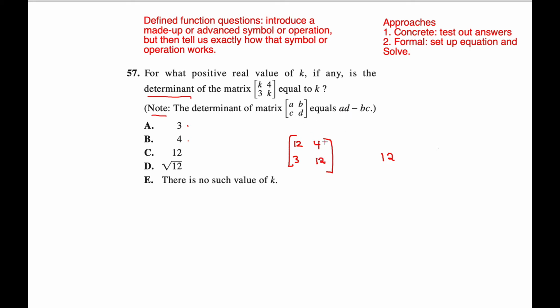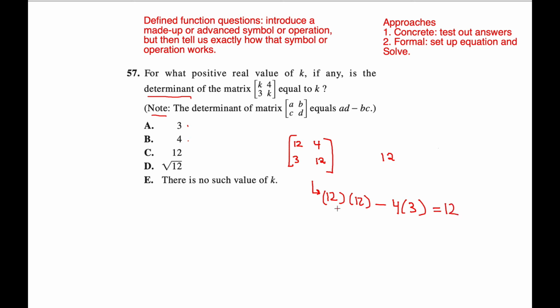So a times d in this particular case is going to be 12 times 12, and then we're going to subtract the element b, which is the number in the top right corner, which is going to be 4, and then we're going to multiply that by c, which is the bottom left number, which is going to be 3. And again, we wanted to see if this is going to equal 12.